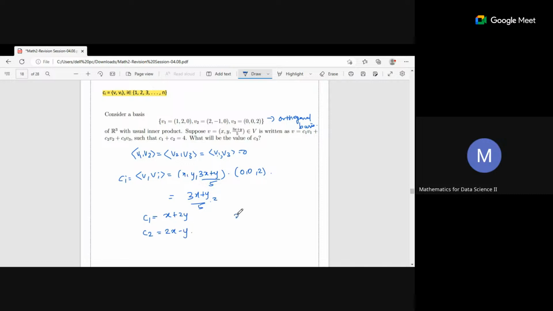It is given that x plus 2y plus 2x minus y is 4. So 3x plus y is given as 4. Now you can substitute it here: 4 by 5 into 2, so 8 by 5 is your answer.